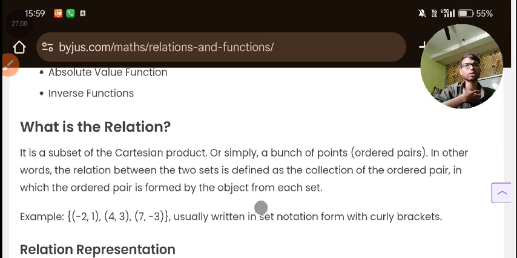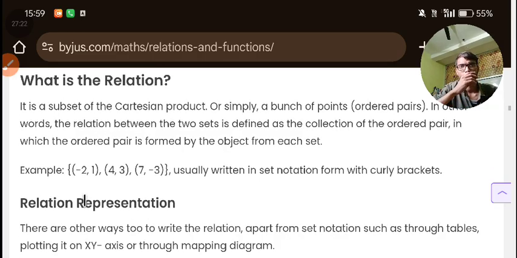The relation between two sets is defined as the collection of ordered pairs, in which the ordered pair is formed by the object from each set. Here, for example, we have minus 2 comma 1. This is a relation between two sets.